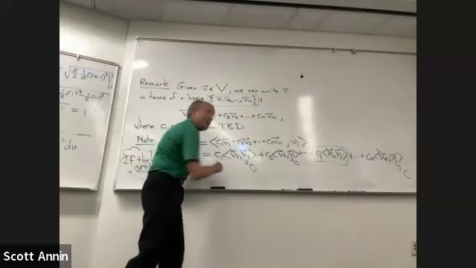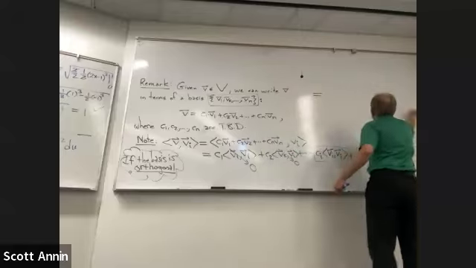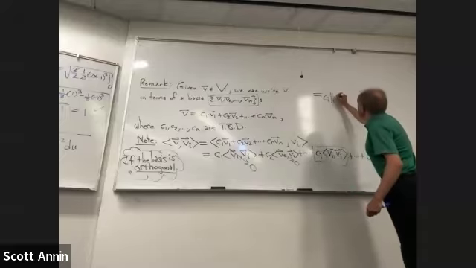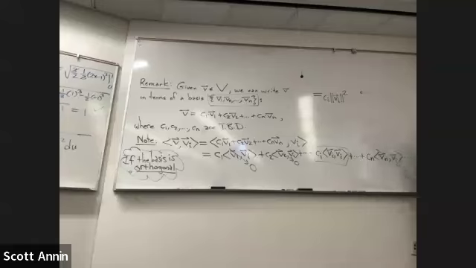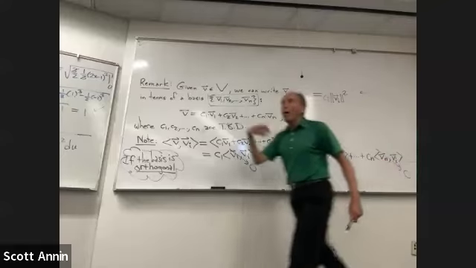The only thing that's left, my friends, I'm going to have to go back up here, have enough room. The only thing that survives is the CI along with the norm of VI squared. When you take the inner product of VI with itself, you get the square of the norm.